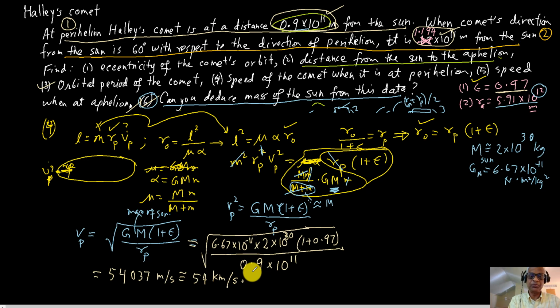So we have number 4 done, and now I want to do number 5. For number 4, let's write down: V at perihelion is 54 kilometers per second. Okay, so now I'm going to erase this and come back and finish up.